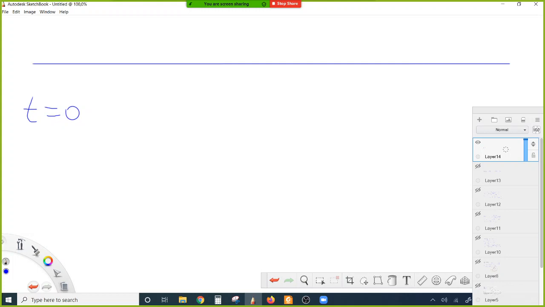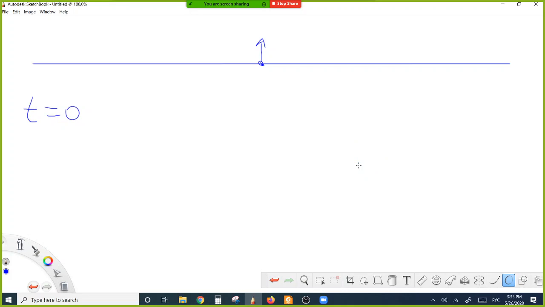In other words, if we take a string at this point and create a disturbance here at a time t, our string becomes in this form.